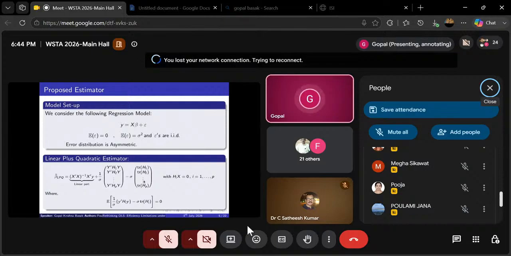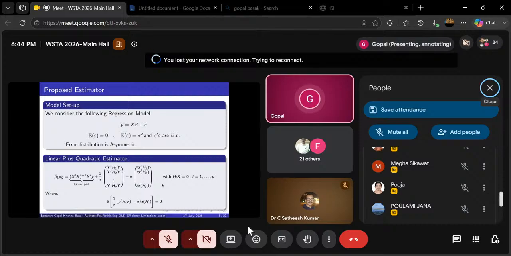Things can probably be generalized in other directions as well. Here we have taken this component, which as you see is the constant part. This is just to address unbiasedness, because if we add the quadratic part, then this part will give you the mean of this quadratic part under certain assumptions. And this is the assumption: H_i X equals 0 or X prime H_i equals 0.